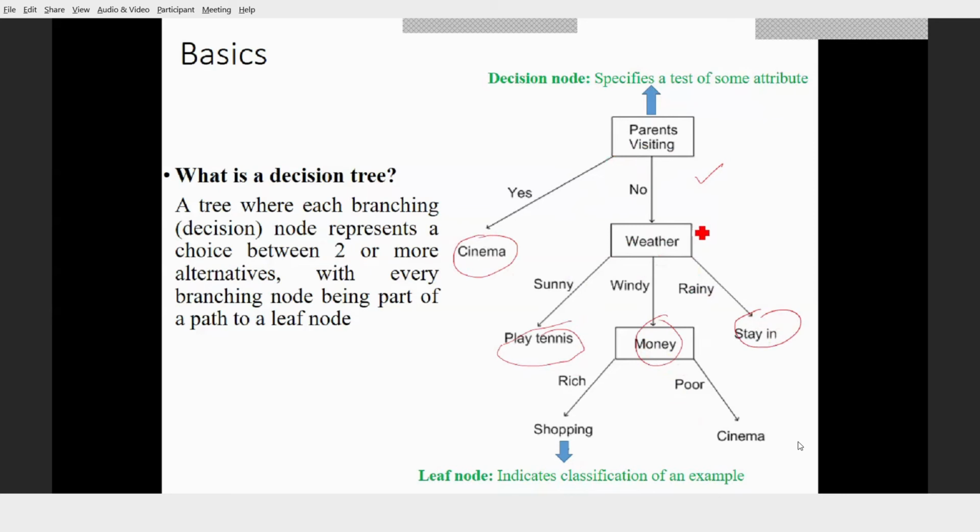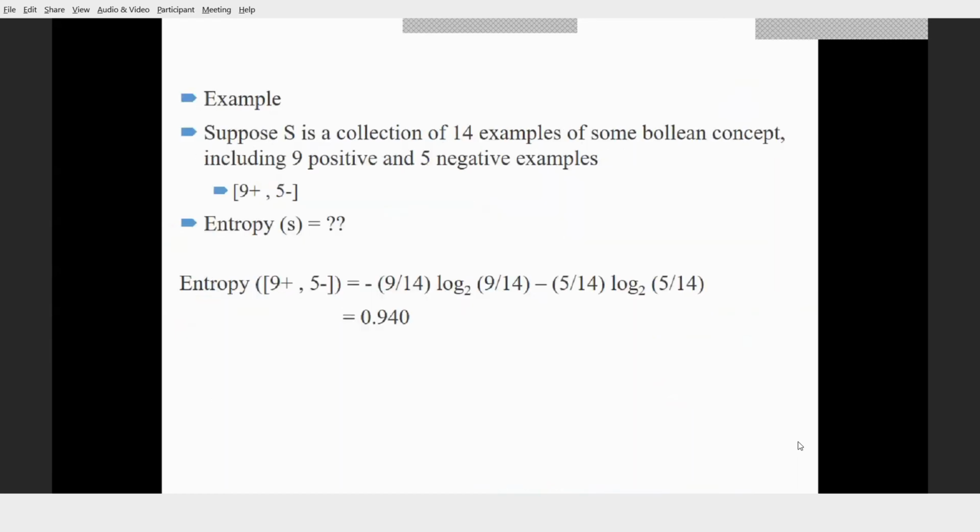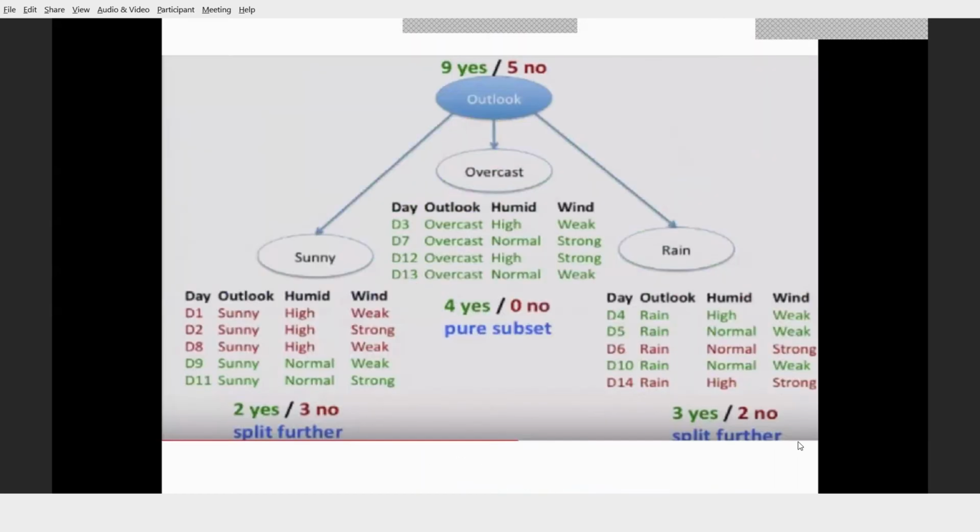Neural network is a lot of mathematics, so I'll take that topic immediately after decision tree, because I think I'll be able to finish decision tree in these three sessions before Diwali, or maybe I'll need one or two more. This is the final output of a decision tree. Your data set would look like this. I'll come to it.